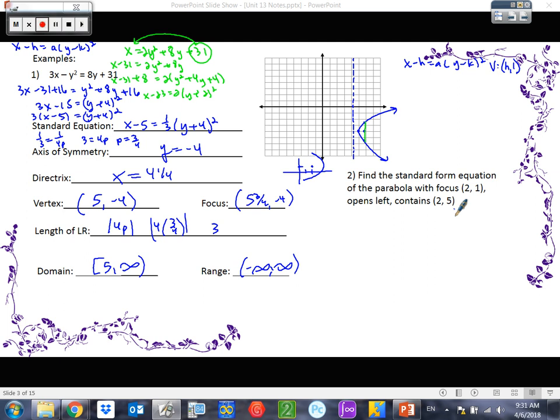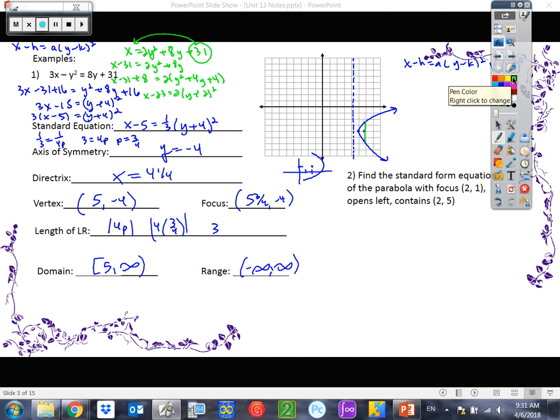What we're going to do is focus on P. When you have an equation like this with a random point, then we need to start talking about P. So let's start talking about our x coordinate. This distance, though we don't know what it is, is P.